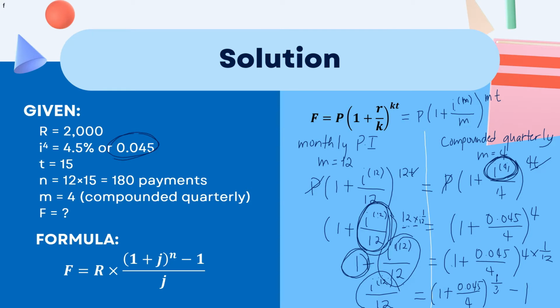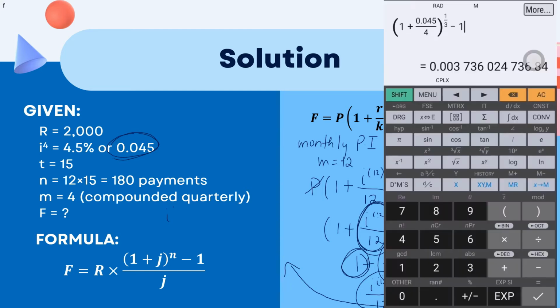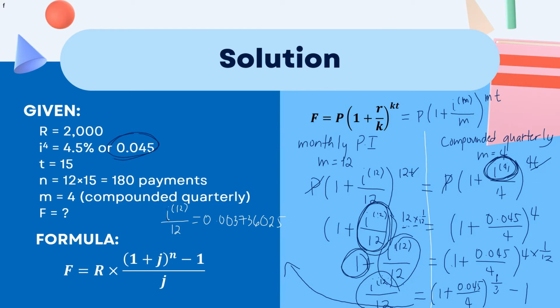Yung equivalent rate na po, next step ito. So, I over 12 is now equal to 0.0036736025. Mas maigi na kunin na natin yung 9 digits na lang. Yan ang equivalent rate.